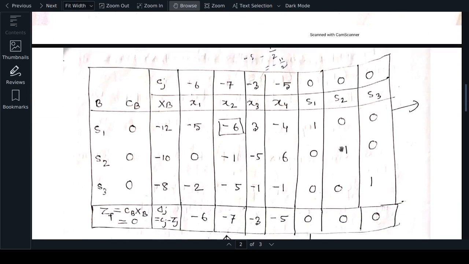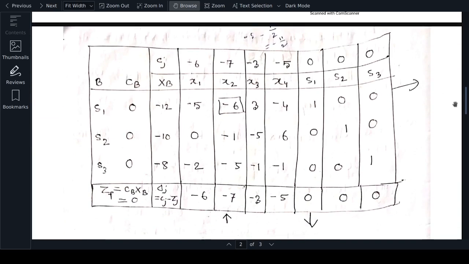First you write capital B, the basic variable, CB, the coefficient of the basic variable, then XB, the current basic feasible solution, then x1, x2, x3, x4 with all their coefficients, then s1, s2, s3.